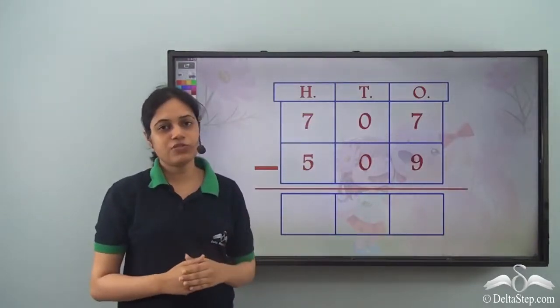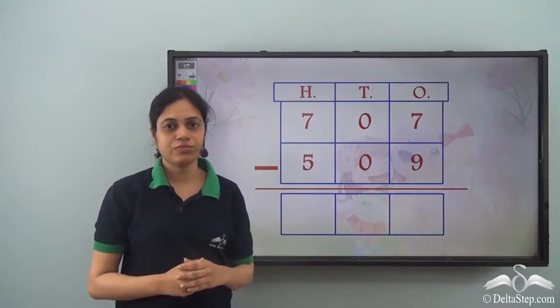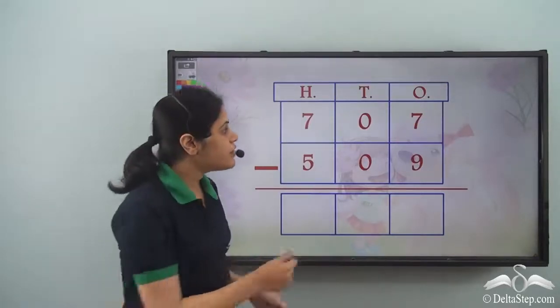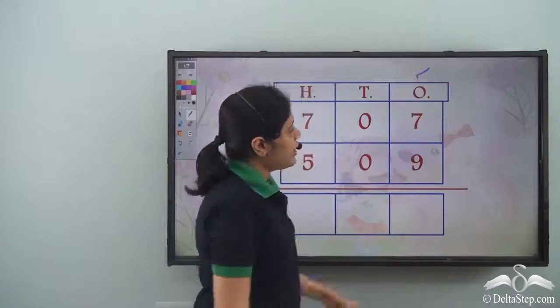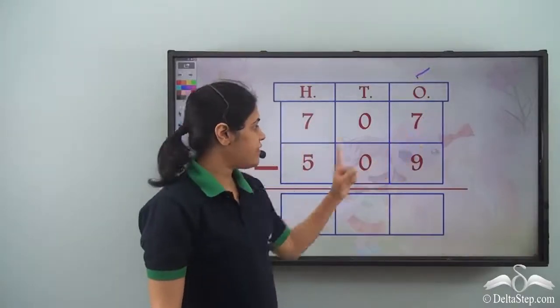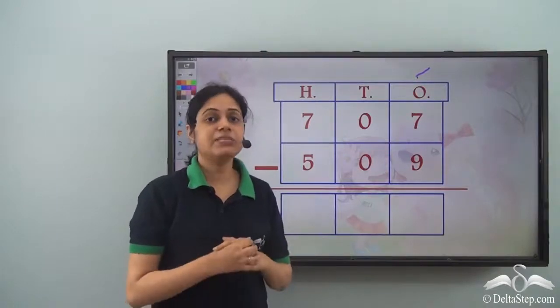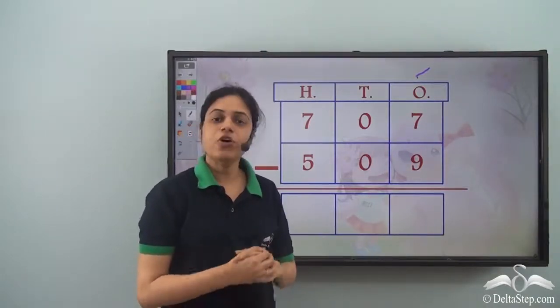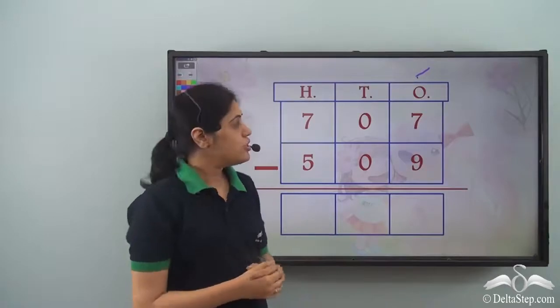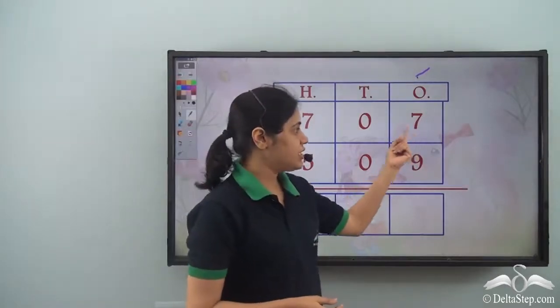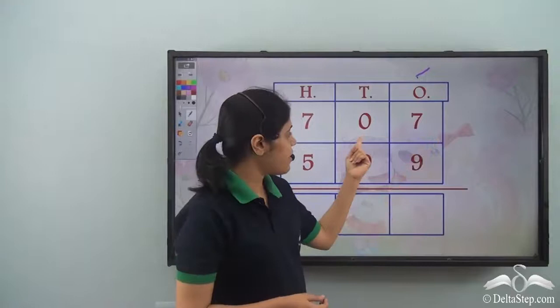Now, can you try out this one on your own? So let's start with the ones room. In the ones room, I have 7 minus 9. Once again, since 9 is bigger than 7, I cannot do 7 minus 9. So what does this 7 need? It needs to borrow from this number.